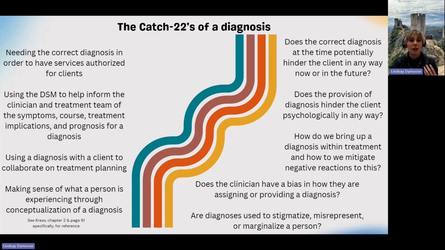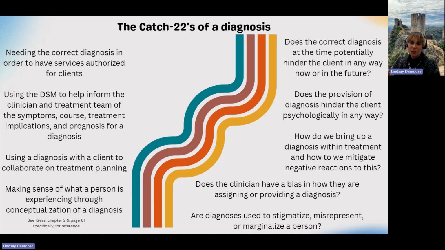We want it to be a useful tool and a useful format to guide and support the treatment, without it being something that is concretely always indicated or concretely something that we can't share because the person is going to have a meltdown. So that's where I'm speaking to the other side of this: is it going to hinder the client psychologically in any way?